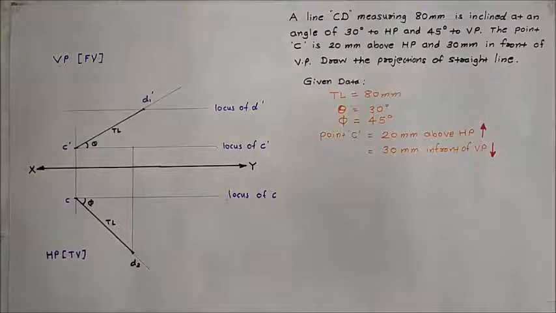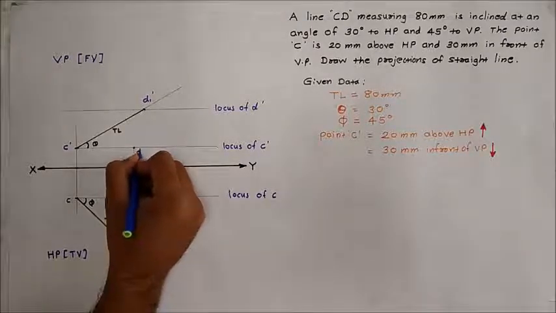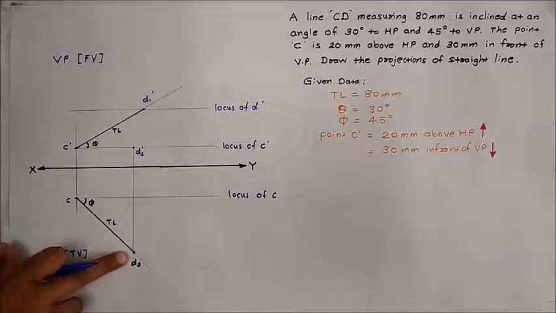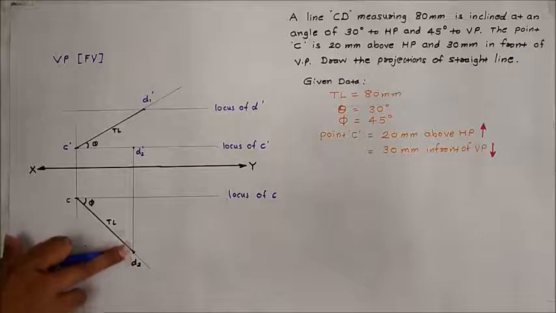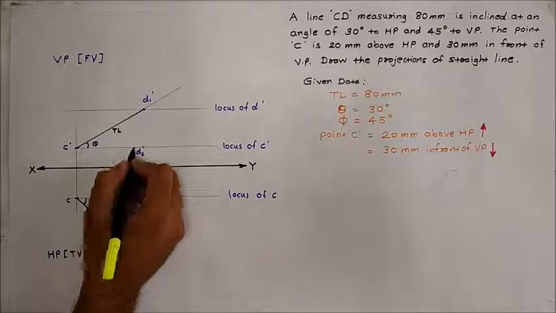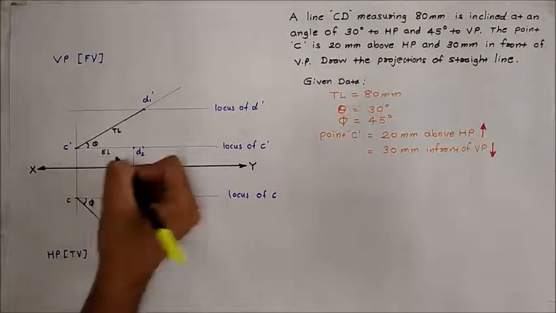You will get one intersection point when this projection line meets the locus of C dash. Give the nomenclature to that point as D2 dash. Now why are we giving the nomenclature D2 dash? Because we have transferred this D2 point by using a projection line in the front view. This C dash to D2 dash distance is called the elevation length.